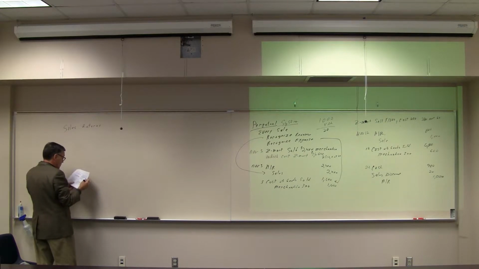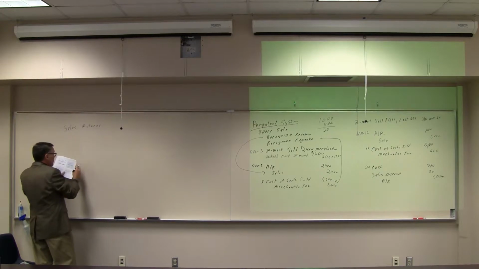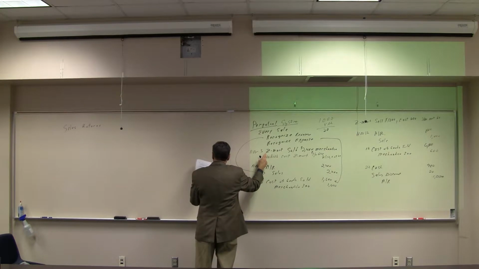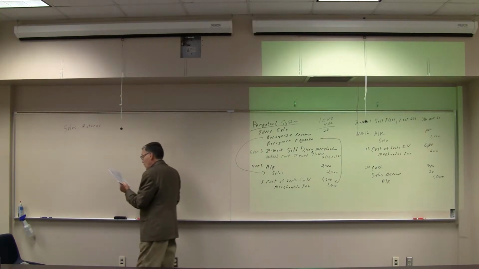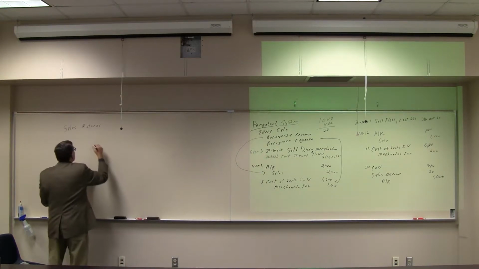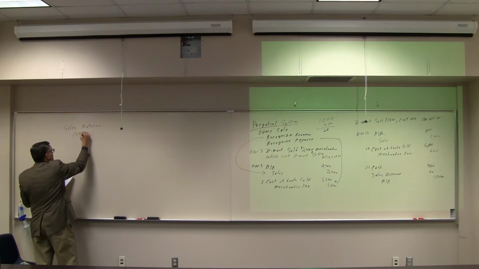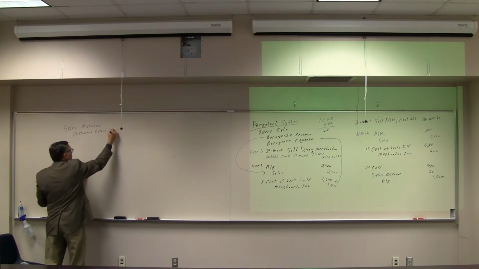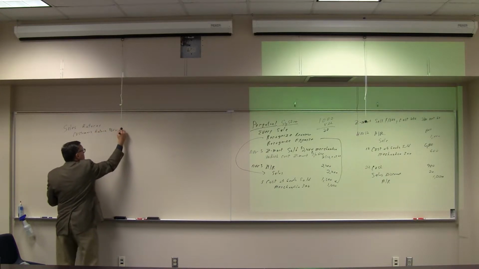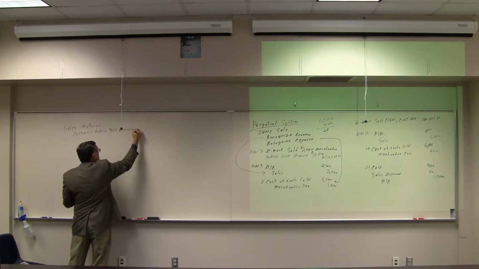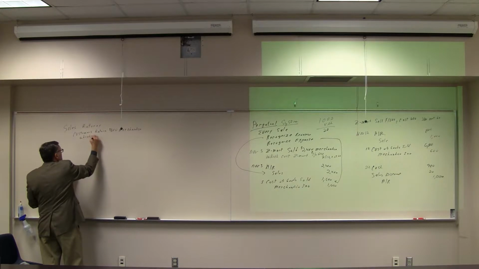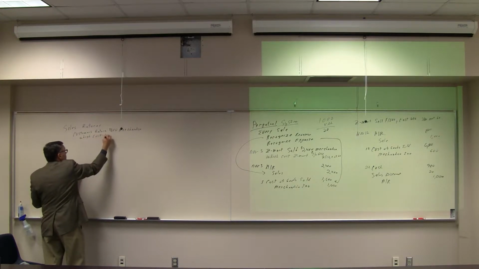Okay? So, let's get into sales returns. So in this case, and again, what we're going to do, it's back to the 24 and the 16. So on this sale, your customers now return items. So your customers return $800 worth of merchandise, which cost $600.